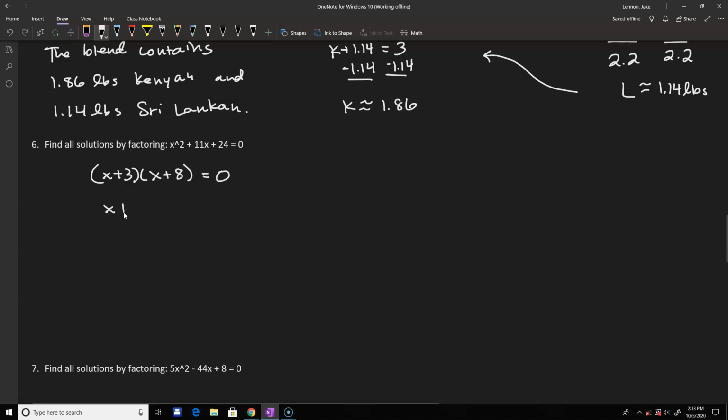Then you just set each separate linear factor to 0 and solve. So we get x equals -3 or x equals -8.